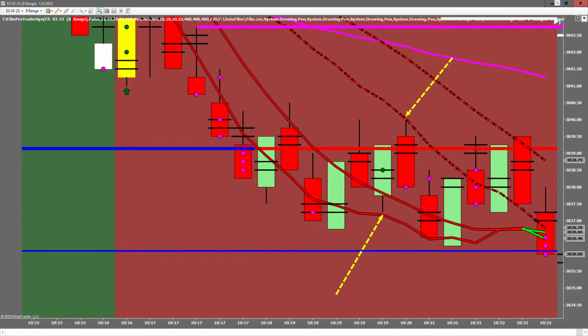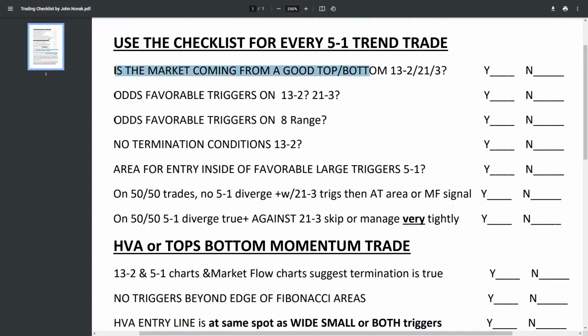So to do a trend trade, you need to have a good top or bottom, strong triggers on all of your charts, no termination conditions on the 13.2 chart. Or even a 21.3 chart, right? So I guess I could add 21.3 on here because if I hit a pivot stop out or a 1-to-1s on a 21.3 chart, I very much respect that. So I guess I could add 21.3 here too, but I know to watch it.